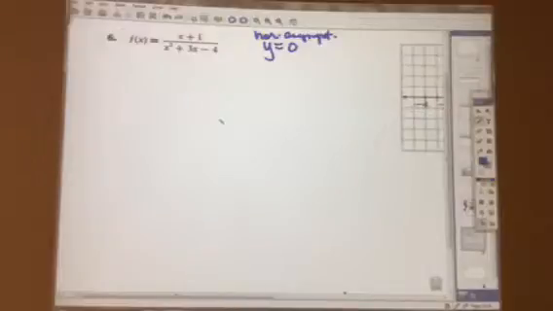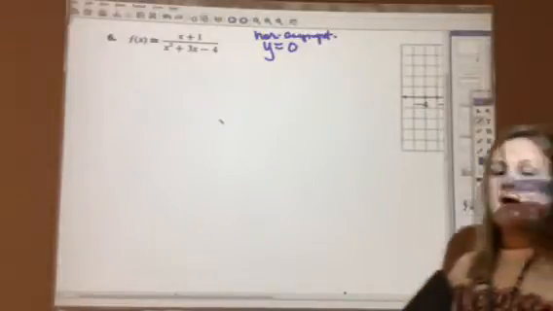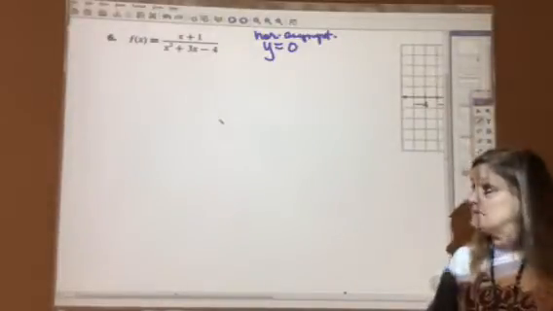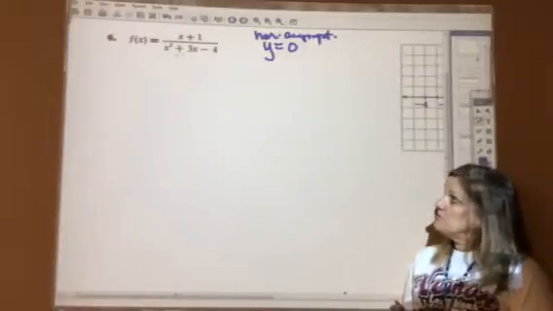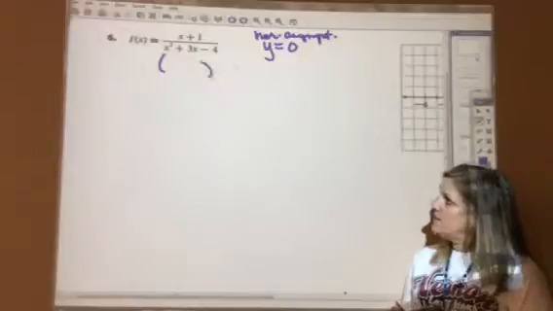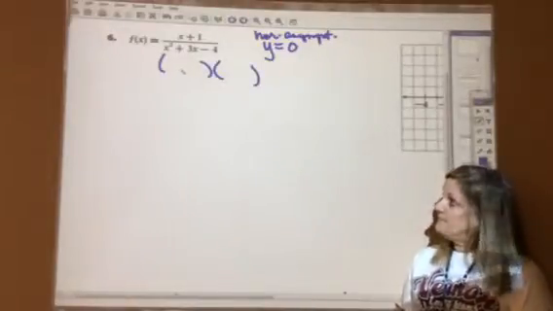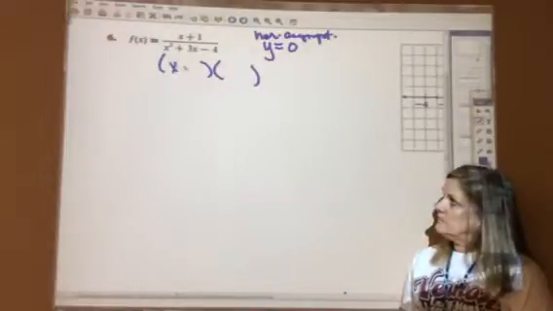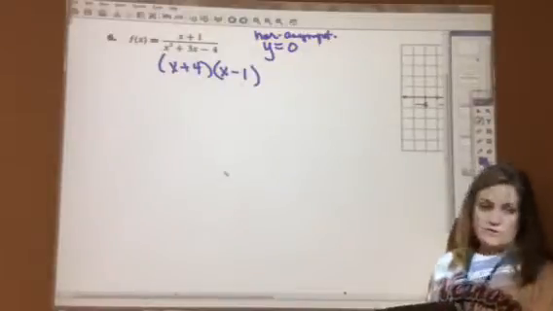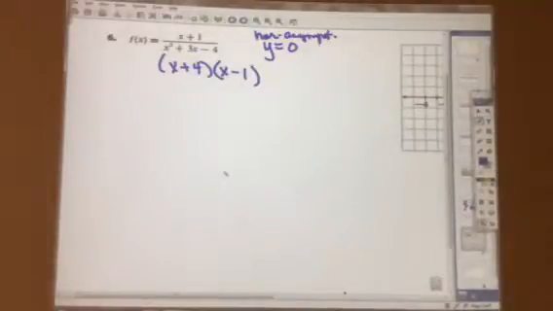What am I going to do to find out if it has a hole in the graph or a vertical asymptote? What do I need to do next? Factor the bottom. So when I factor the bottom, that will give me what? X plus 4, x minus 1. If you need to put that in a box, you need to put it in a box.